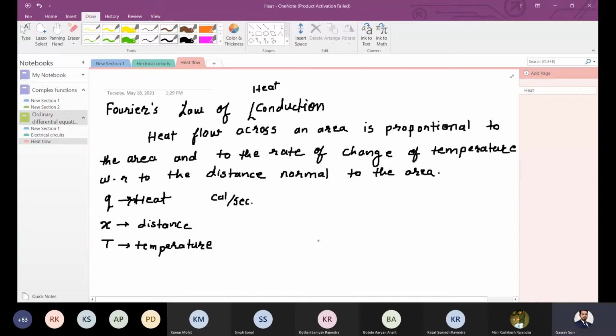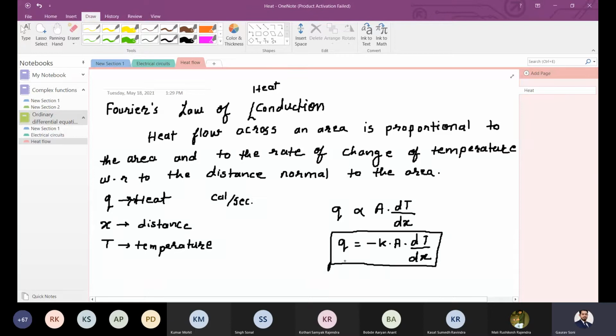So Fourier's law of heat conduction states that the heat will be directly proportional to the area, which I'll call capital A, into the rate of change of temperature with respect to the distance normal to the area, so dT by dx. Now the proportionality constant will give Q equals minus k into A into dT by dx. So this is the mathematical statement for Fourier's law of heat conduction.